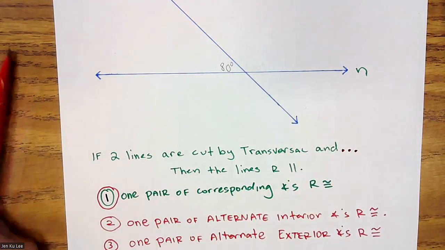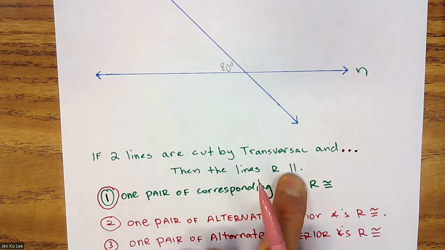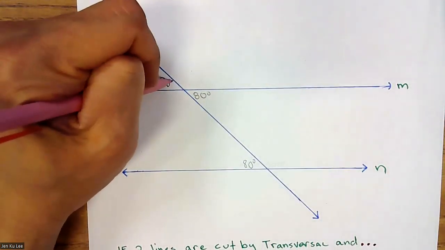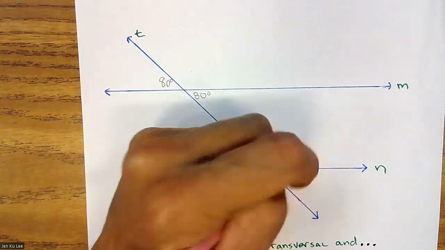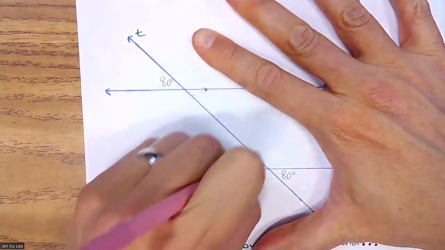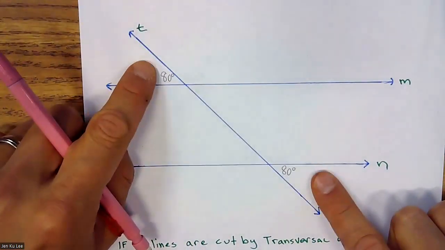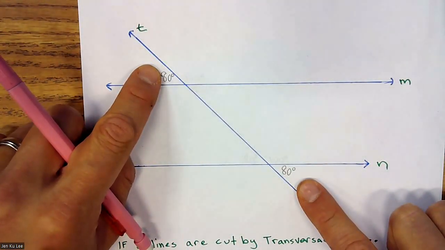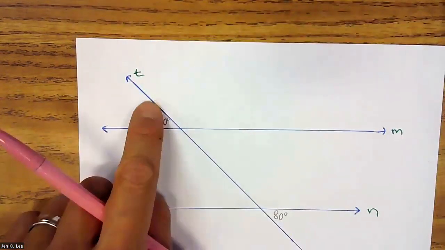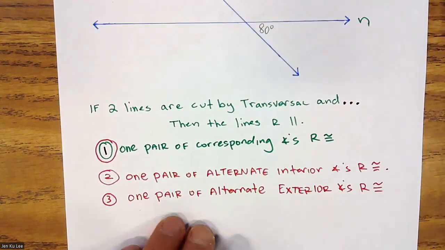If two lines are cut by a transversal and one pair of alternate exterior angles are congruent, then the lines are parallel. So if this is 80 degrees and this is 80 degrees, they're alternate exterior angles, so that'll work. Okay, what's another way?